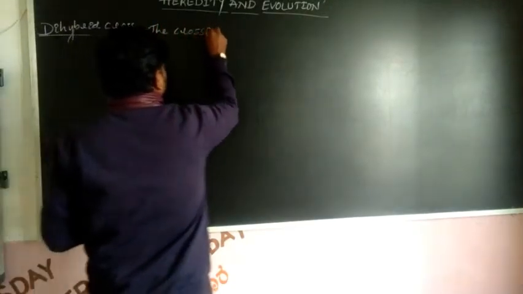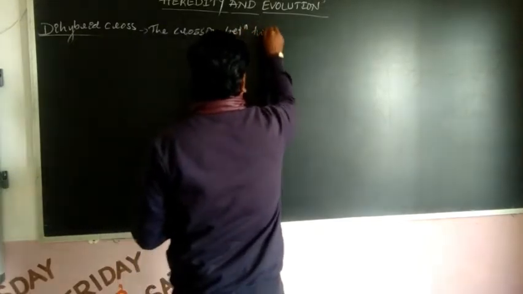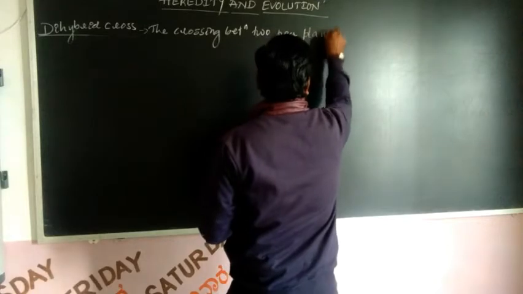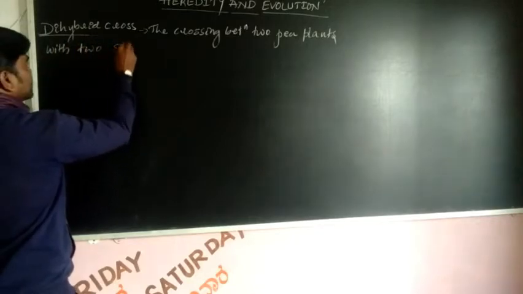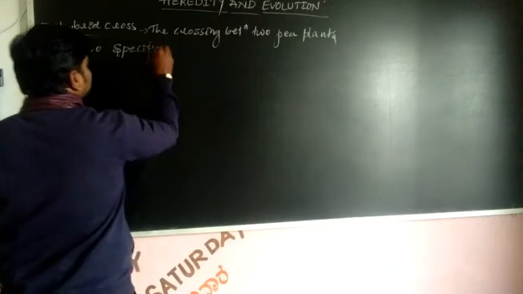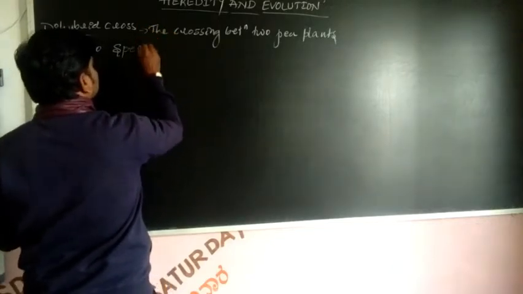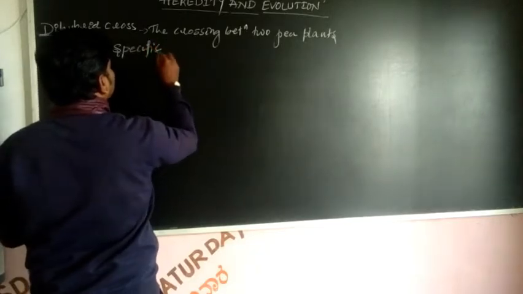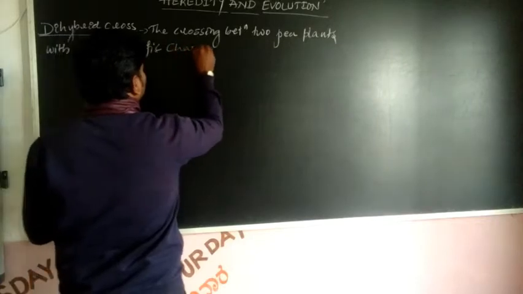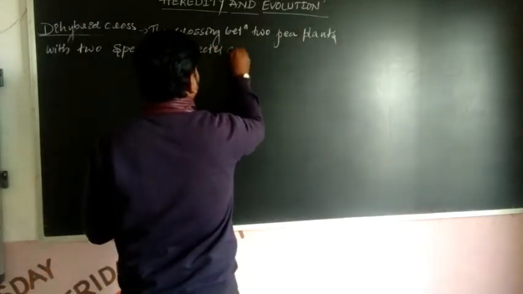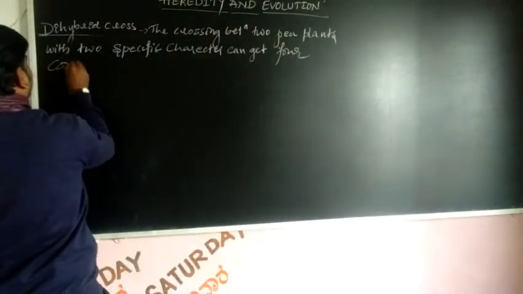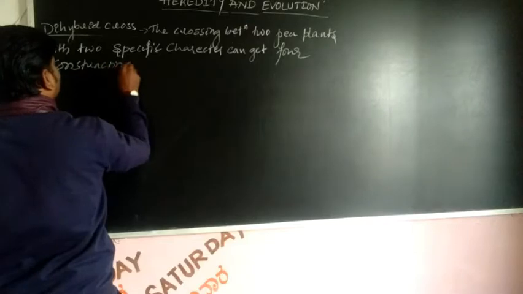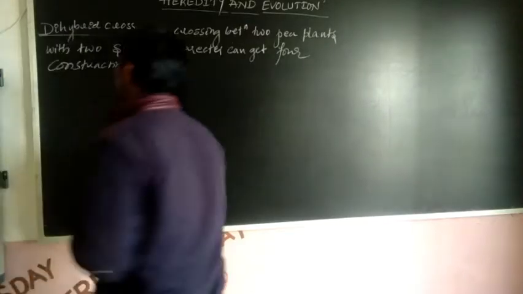If the crossing between two pea plants with two specific characters can get four contrasting forms, it is nothing but a dihybrid cross.